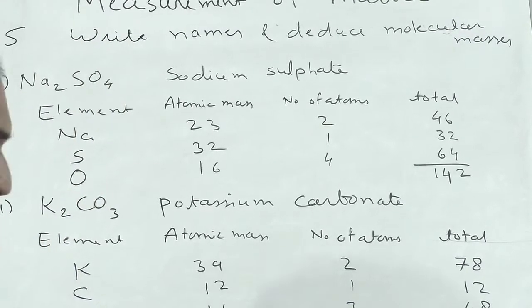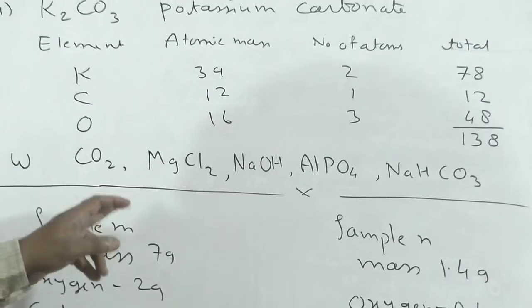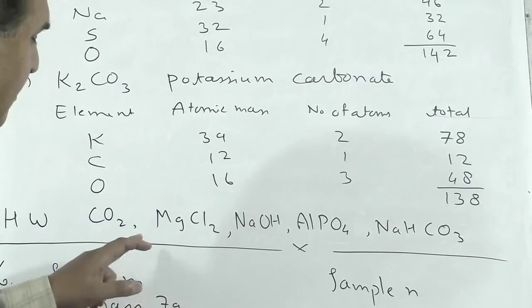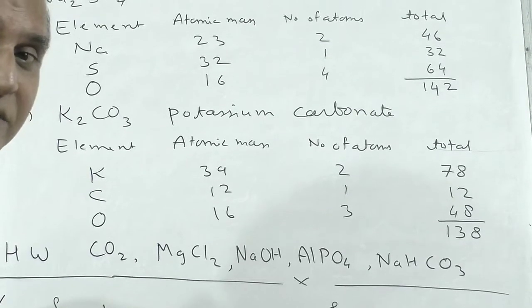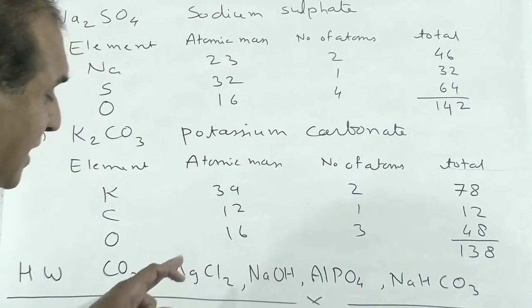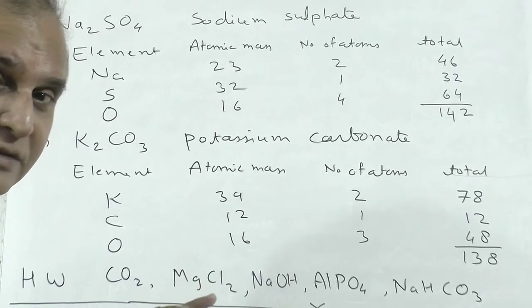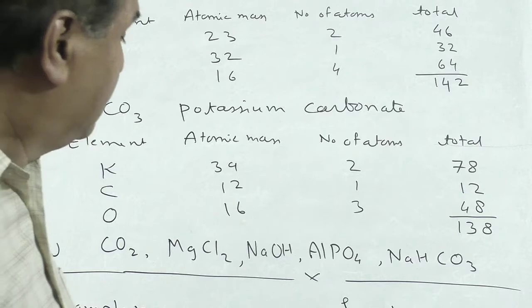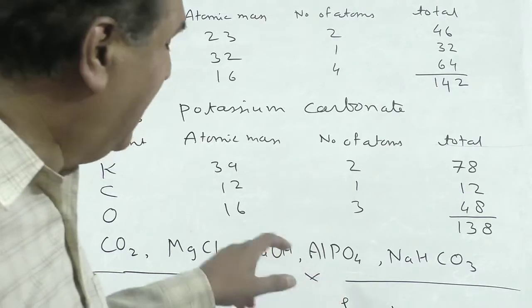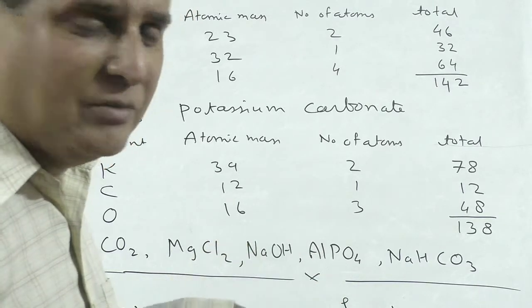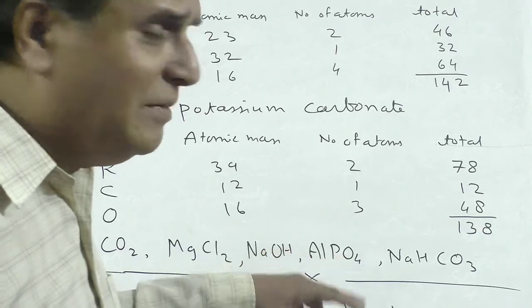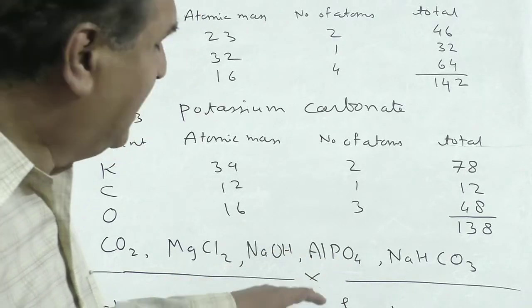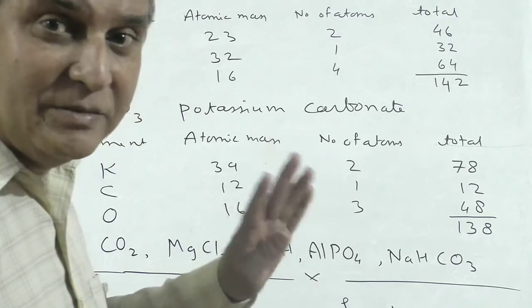So these are also very simple. For homework, CO2, which is to be solved from the textbook. MgCl2, magnesium chloride: Mg 1 atom, Cl chlorine 2 atoms. Just add; atomic masses are given in the textbook. NaOH: Na 1 atom, O 1 atom, H 1 atom. AlPO4, aluminum phosphate: Al 1 atom, P 1 atom, O 4 atoms.